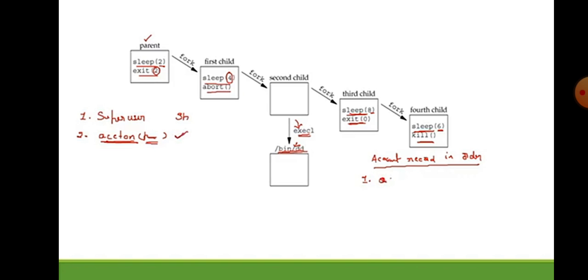So the first entry will be accton itself. Now I will exit after executing accton. After this is successful, it will be entered in the accounting record.